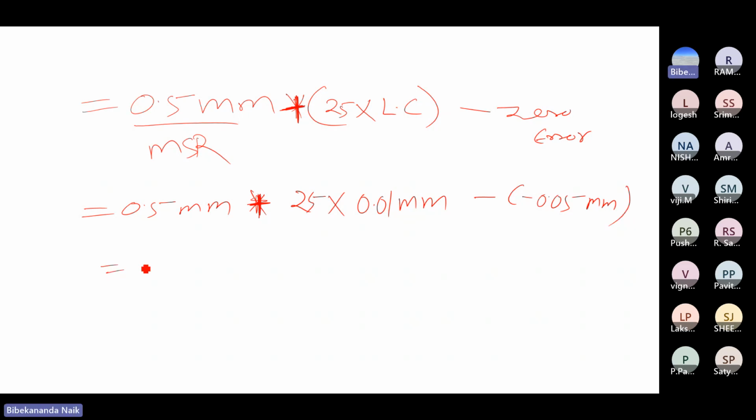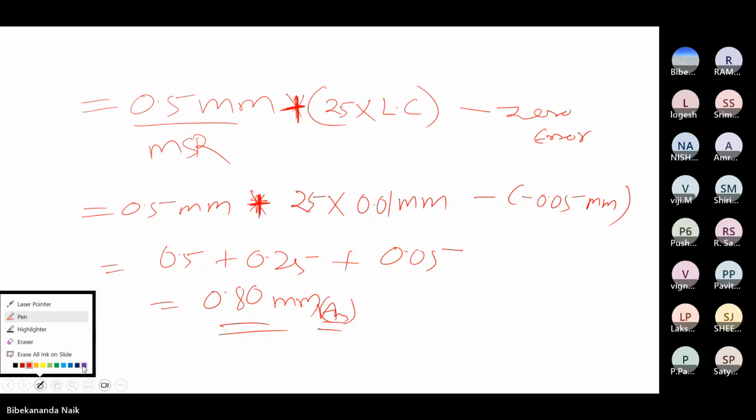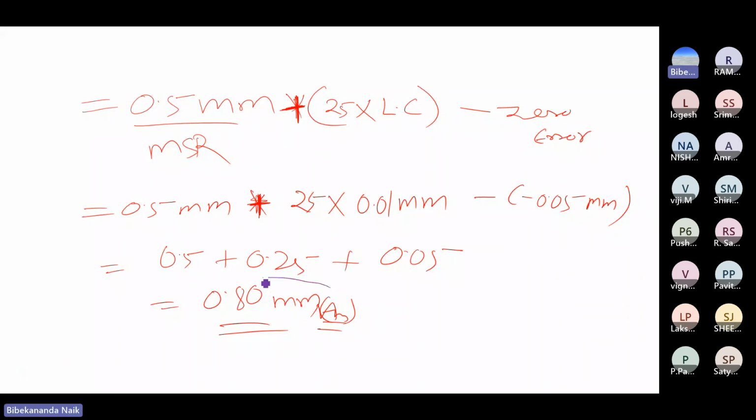So it will be how much? 0.5 plus 0.25 plus 0.05. It will be 0.80 mm. So this is the answer: the measured value is 0.80 mm.